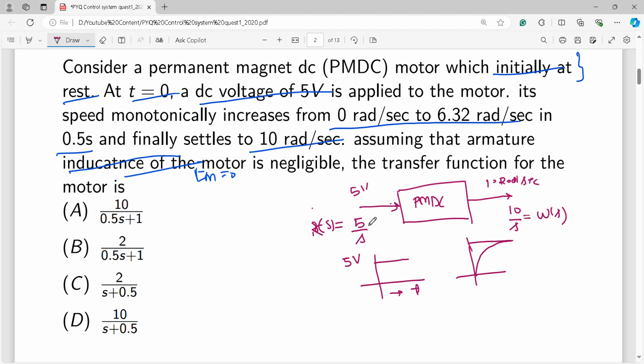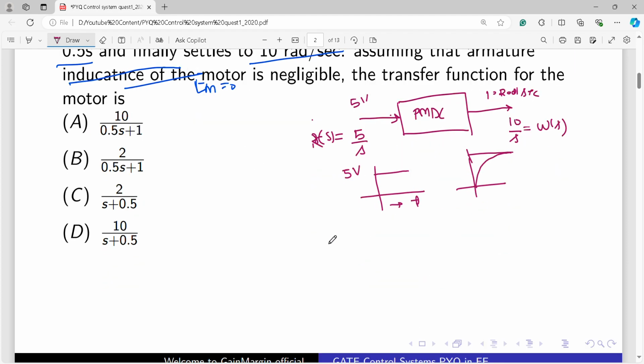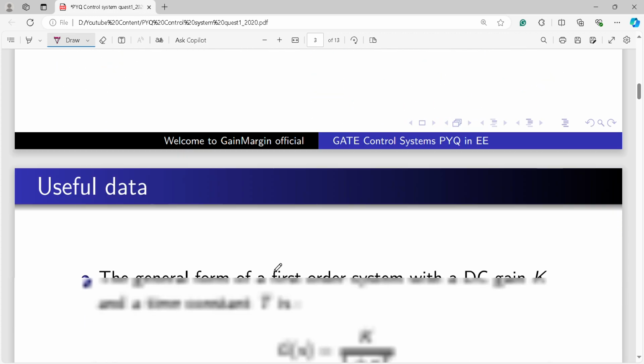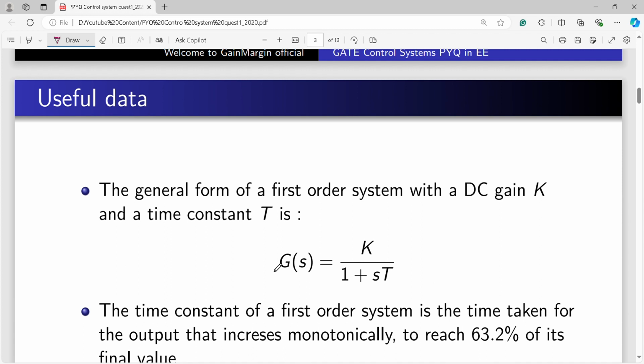So as we know, for a first order transfer function, what is the useful data required? You know the general form of a first order transfer function, with the gain K and the time constant T given, we can find the transfer function K by 1 plus s tau. So this is the gain K.